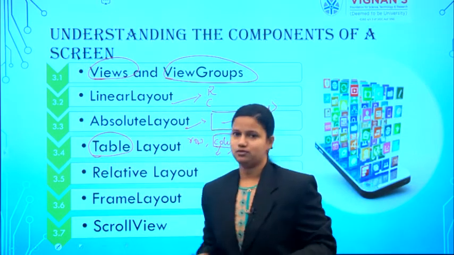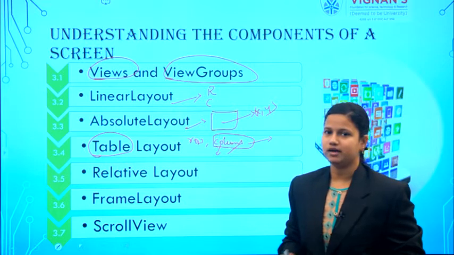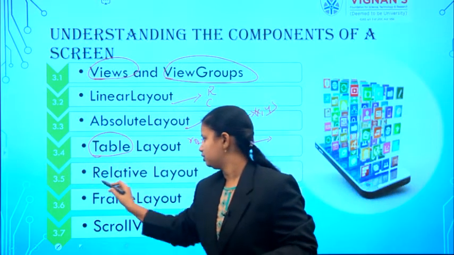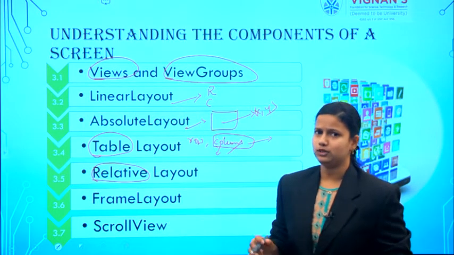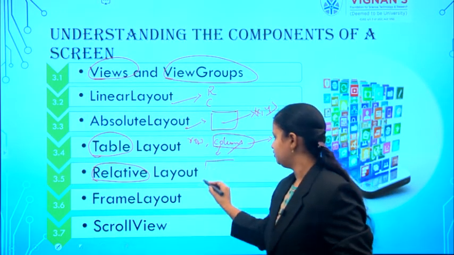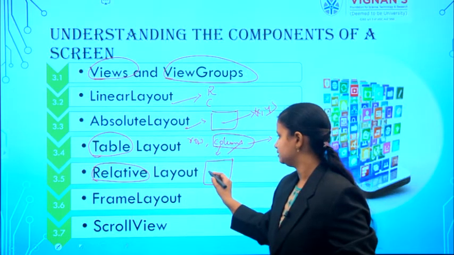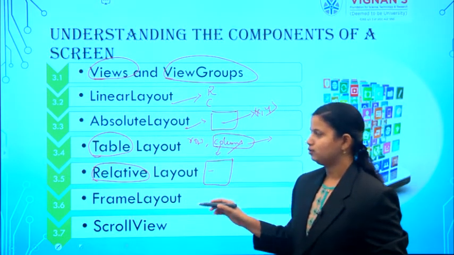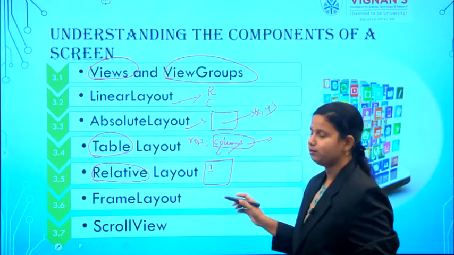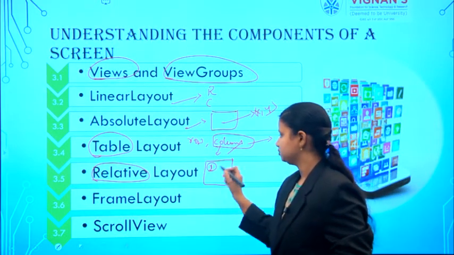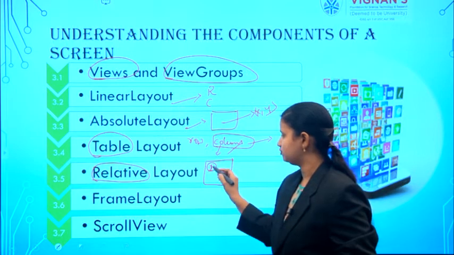And relative layout. A relative layout arranges your view group elements relative to each other. What is relative to each other? If you arrange the first view in this place, but I want to add a second view, that means I want to add another button relative to this button. What is the relative position of this button?